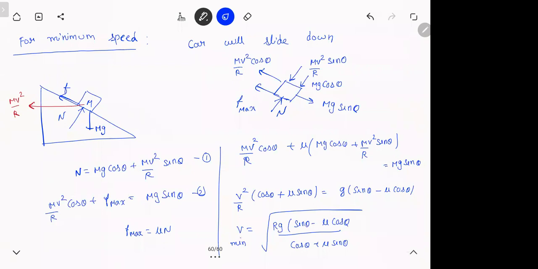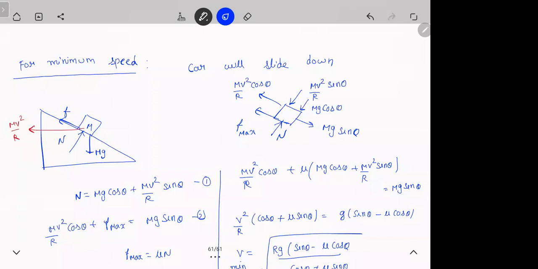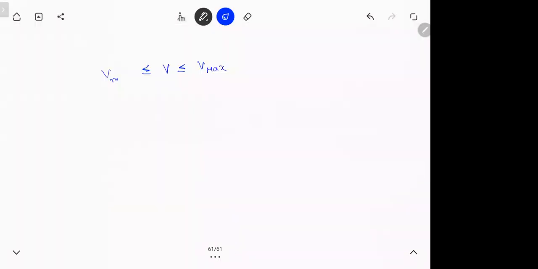So you'll get a speed limit, which is v less than v max and greater than v minimum. So this will be v less than root of rg.